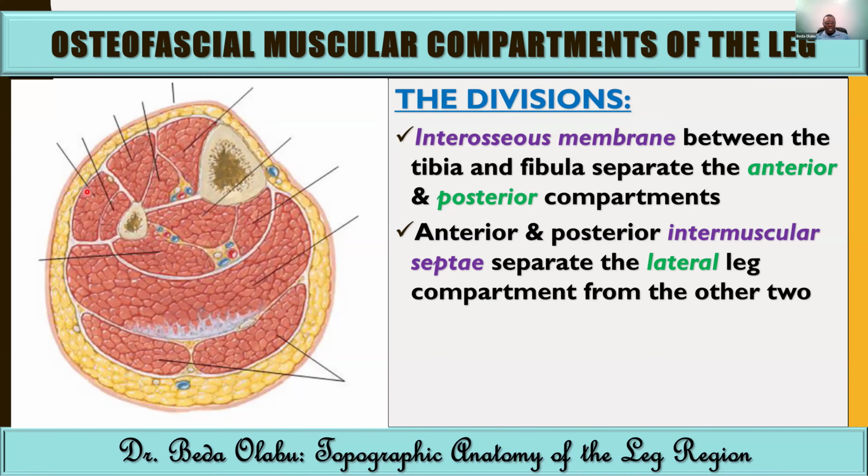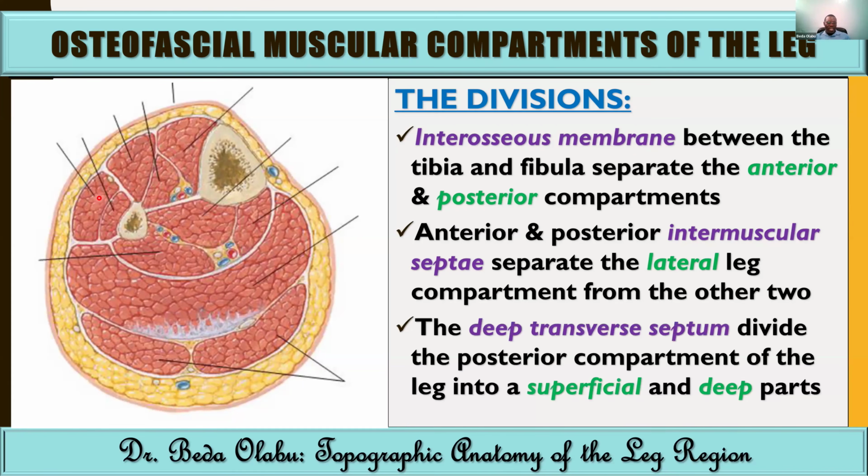So this is the lateral leg compartment, and it is separated from the anterior and posterior compartments by the corresponding crural intermuscular septae. So now we have the anterior compartment, posterior compartment, and lateral compartment of the leg.